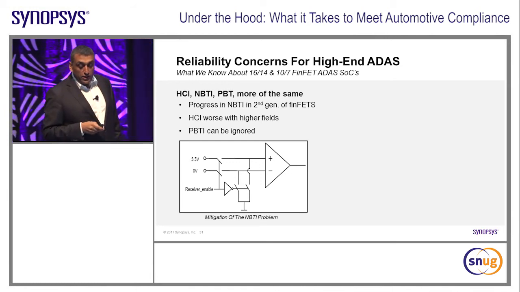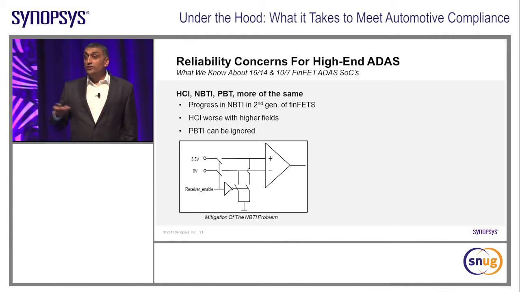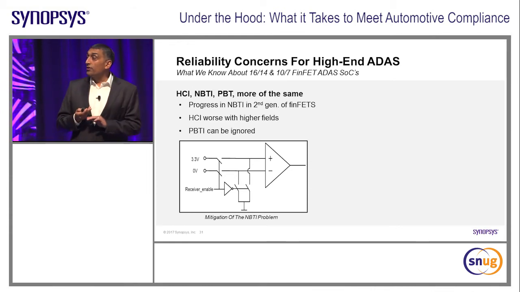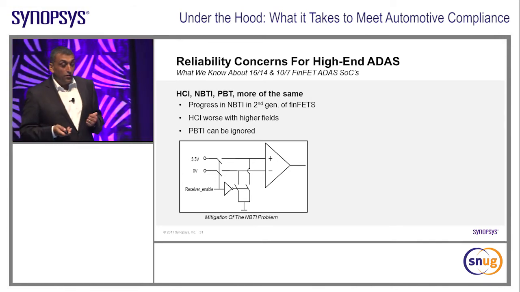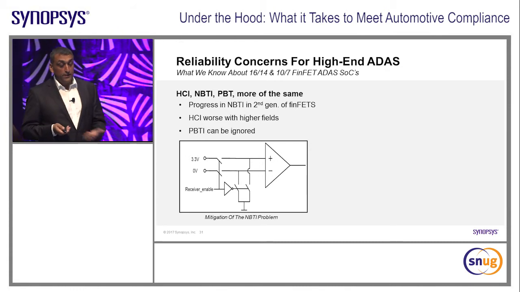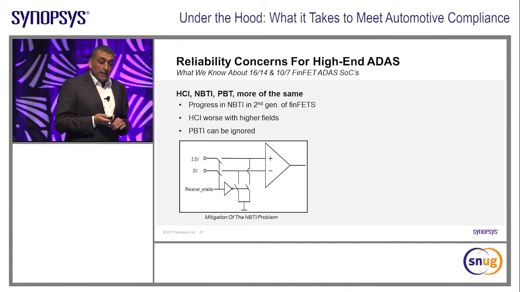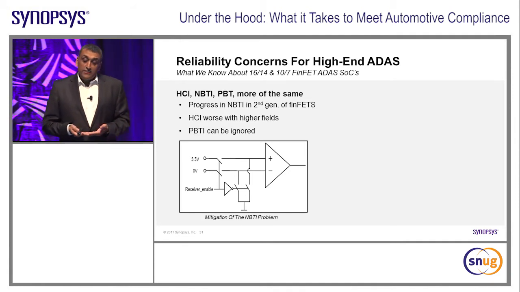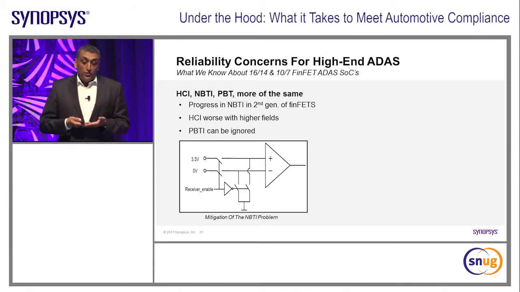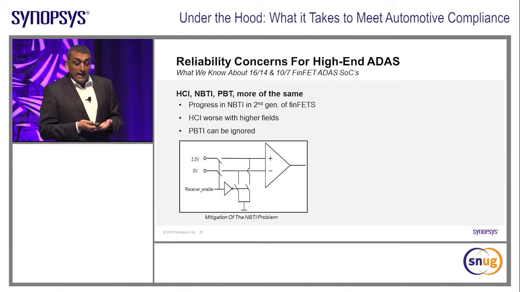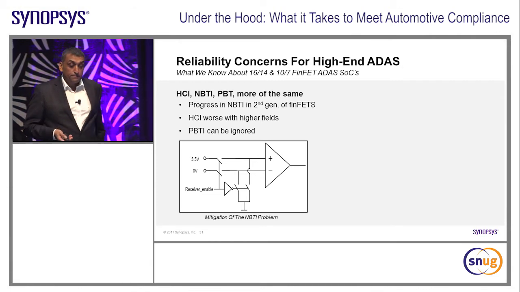So this example shows the mitigation of the NBTI problem of a differential input stage on any kind of block that you see in an ADAS chip, be it PCI Express, LPDDR4, or MIPI or HDMI. So what we're doing here is we're basically introducing a symmetric stress on both inputs of the differential pair and getting around the aging problem by a circuit technique.